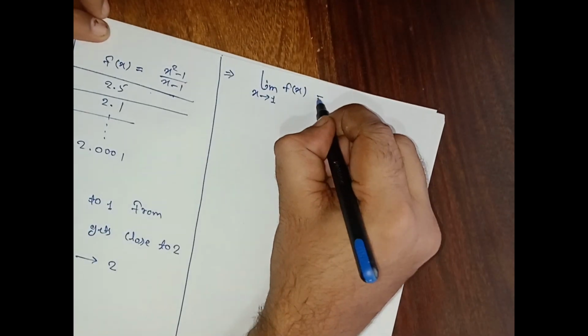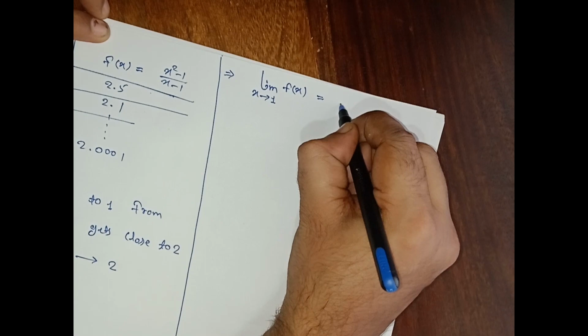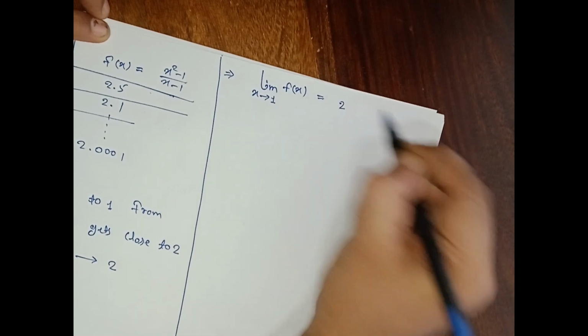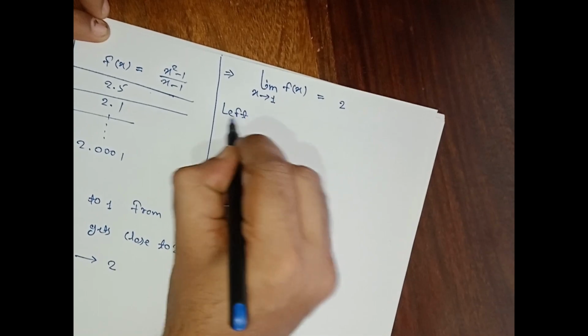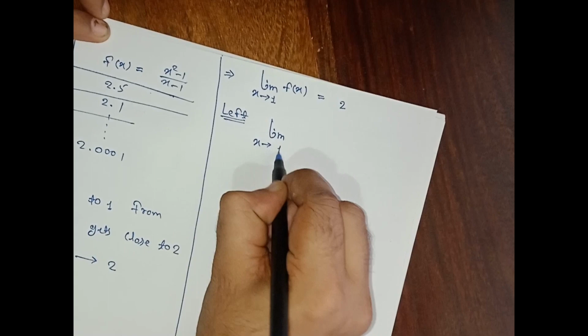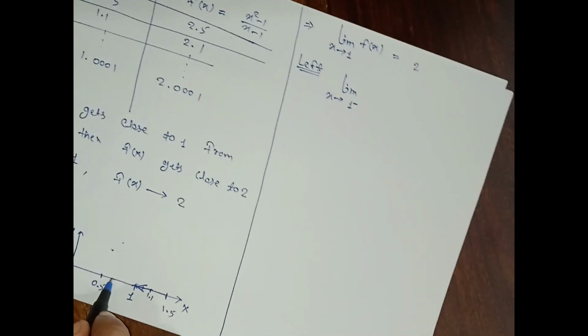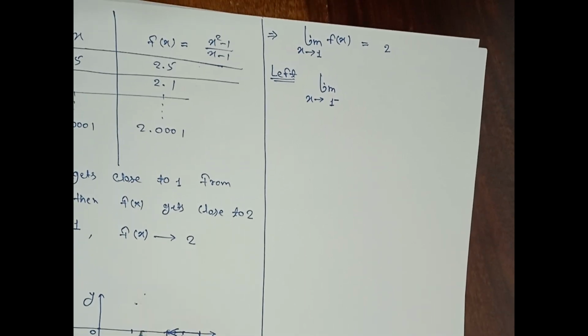When you go from left, x tends to 1 minus. At first we went from left.